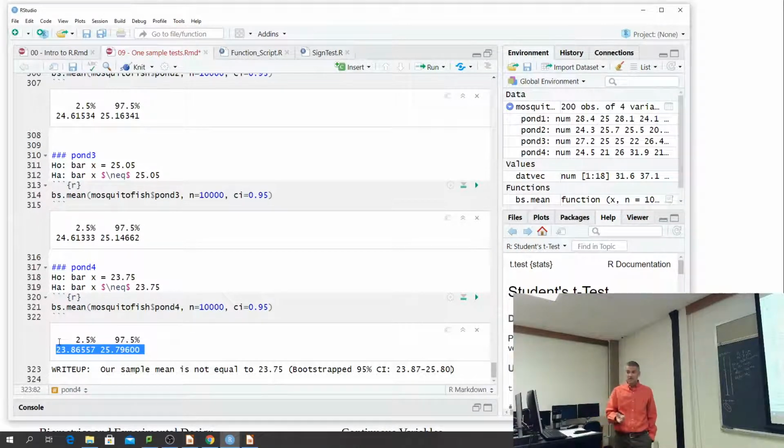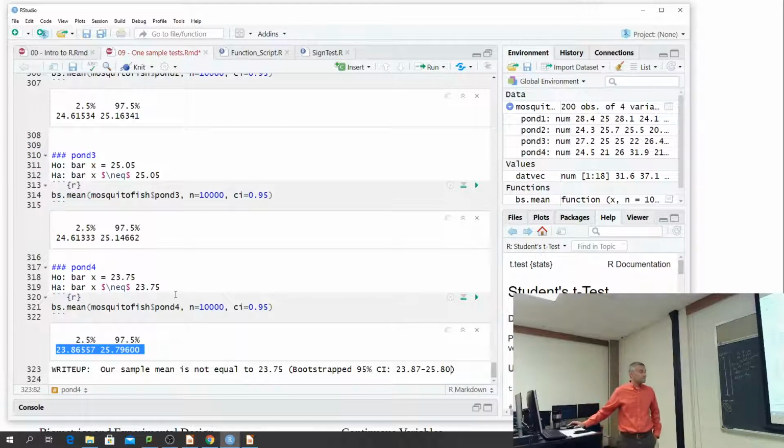We could, if we wanted to. It just changes what we're looking at. It would be more like a 90% confidence interval, which gives us 5% at our lower end. But there's nothing wrong with doing a 95% confidence interval, especially when you have one sample and you're just comparing it to a given value.